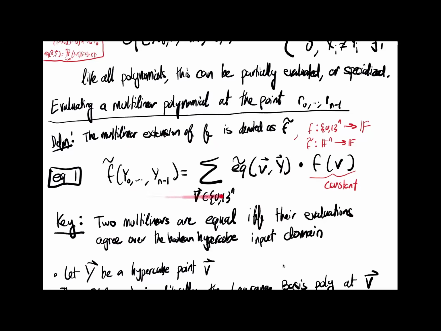Is this expression that we wrote down a valid expression for the multilinear extension of f? The answer is yes, because if we plug in some hypercube element here, so some bit string as the input here, we can look at this and assure ourselves that we will actually get the right answer, f of the same value, because of these indicators doing their job.